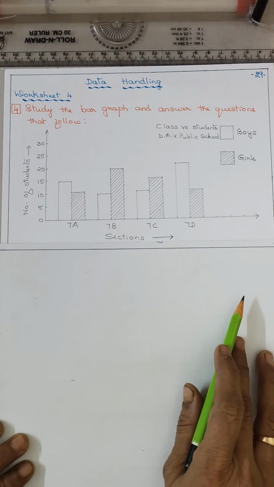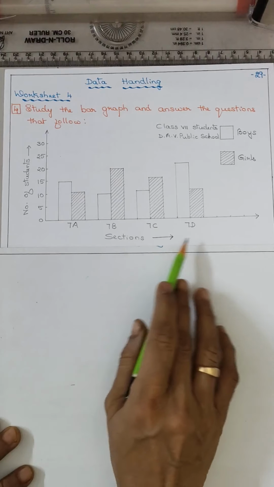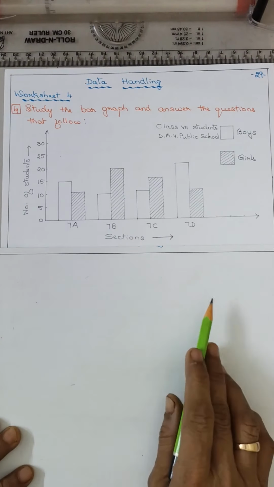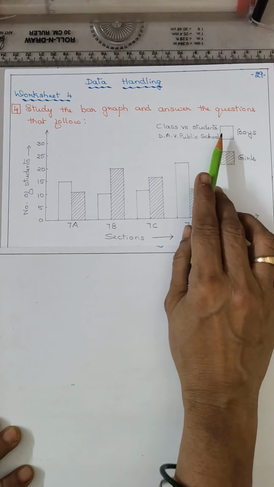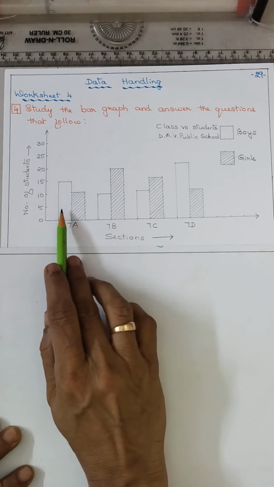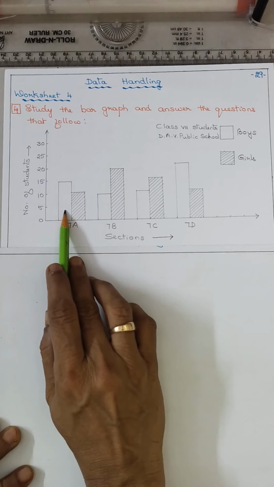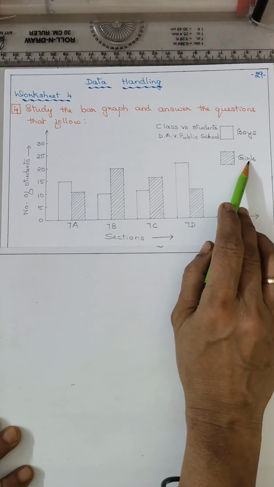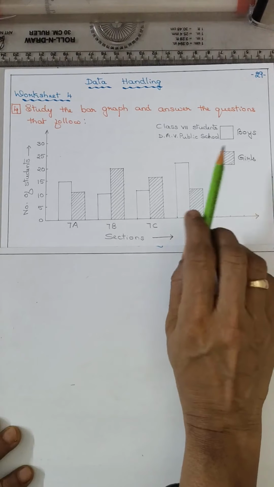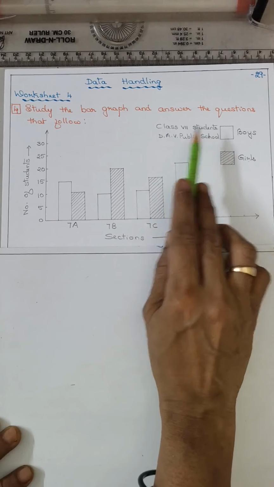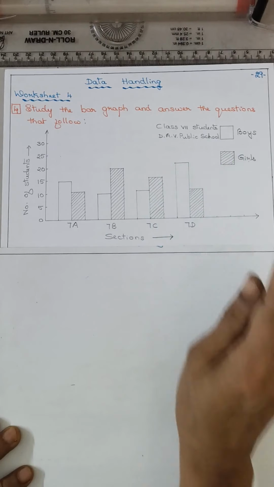So here it is given, on the x-axis sections, and here the number of students. Here it's given the empty square, empty rectangle, that is for boys, and the shaded ones is for the girls. And here the information is given class 7 students of DAV public school.